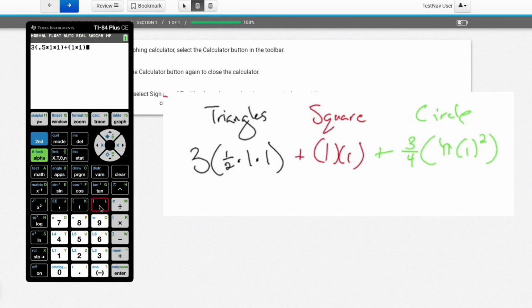And then we've got our 3 quarters of a circle, so 0.75 times pi times 1 squared, even though it seems redundant. We're doing it anyway.